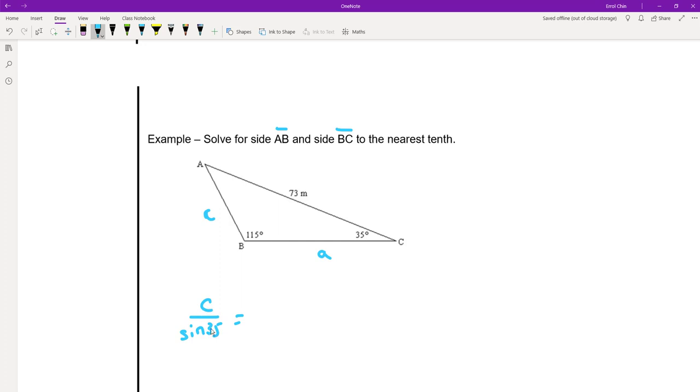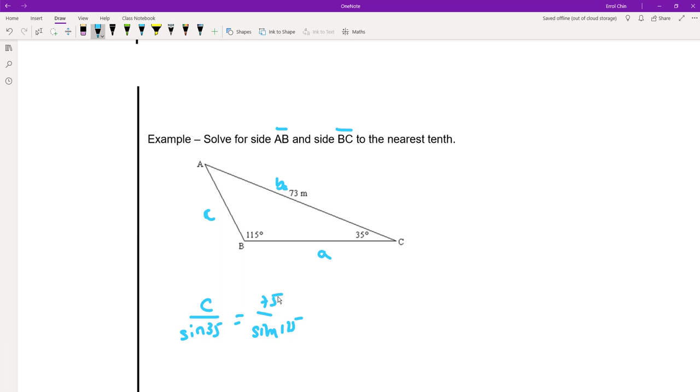Now, I know one out of the two pieces of information. Is there the other two that I know? Oh, I know these two. This is angle B, 115. This is length b. So I can write the ratio like this, b over sine 115. So let me show you what this means. I'm going to erase b and replace it with this numerical value, which is 73.